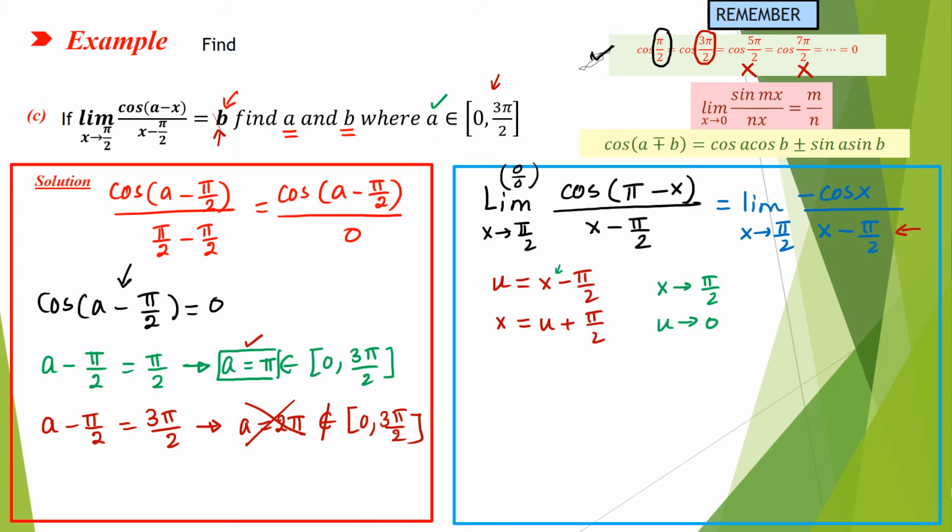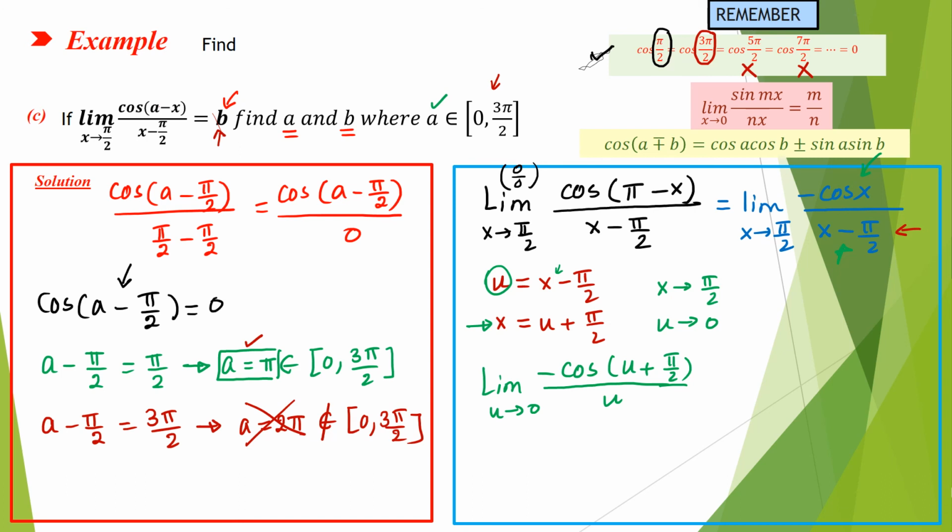So you write the limit again with the u substitution: the limit of negative cosine x, which is cosine of (u plus pi over 2), divided by x minus pi over 2, which is directly u, when u goes to 0.